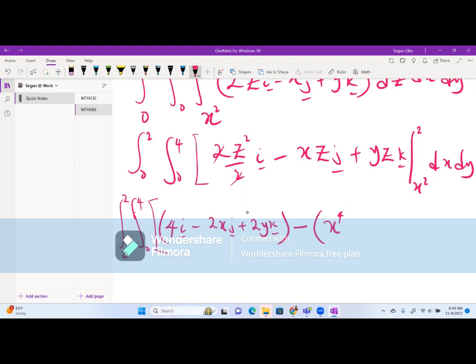We have x raised to power 4 i minus x raised to power 3 j plus x squared y k. The x, the y stay there.